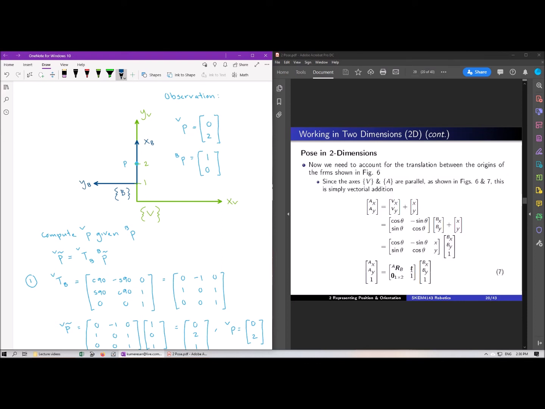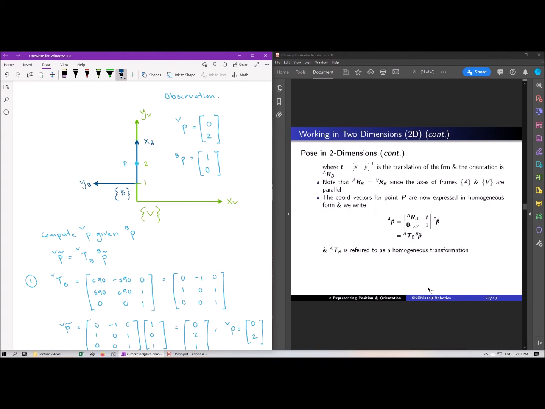And this is a 2 by 1 vector representing the position of the origin of frame B with respect to frame A. Also note that the coordinate of a point has to be represented in a homogeneous form.